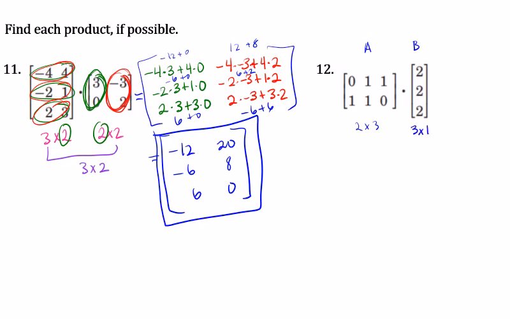Okay. And then on your calculator, go to second matrix again and pick A, and then push multiply, and then go second matrix and get B, and then just push enter, and that'll give you the resulting matrix.